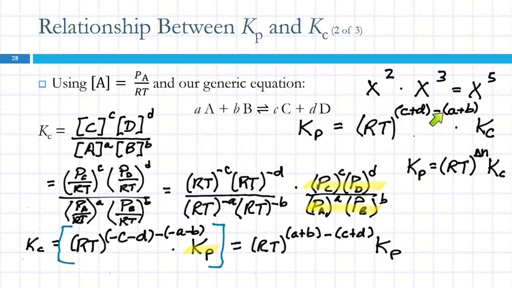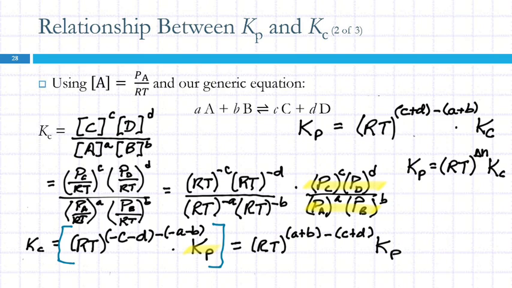And then that's really messy. And so we're just going to call that delta N. And this doesn't need to be there anymore. So delta N is moles of gas products minus moles of gas reactants. Again, we're keeping that delta tradition of final minus initial, or products minus reactants, right?